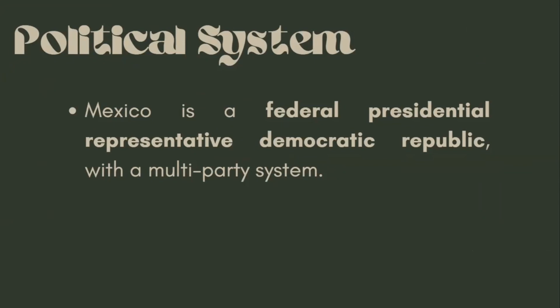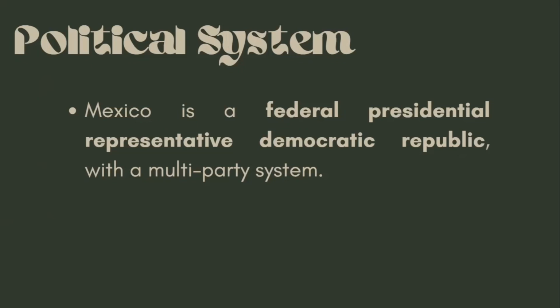Mexico gained its independence from Spain in 1821, and over the course of the 19th century, the country experienced a series of political upheavals and revolutions that led to the establishment of a federal system of government in 1917. Under this system, Mexico is divided into 31 states and one federal district, which is Mexico City.